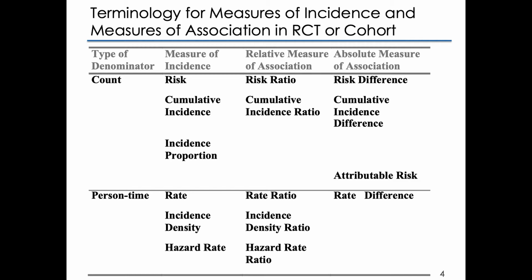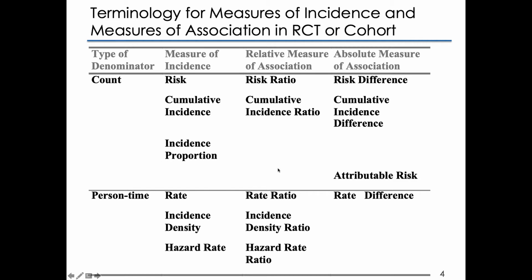So looking at the lower half of the same table, if the type of denominator in the far left column is a person time, then as addressed in a previous module in this course, the measure of incidence would be called a rate, or you might also call it an incidence density, and a different type of measure of incidence would be a hazard rate, or a measure of hazard, but it's one of the units that can be compared to create a measure of association.